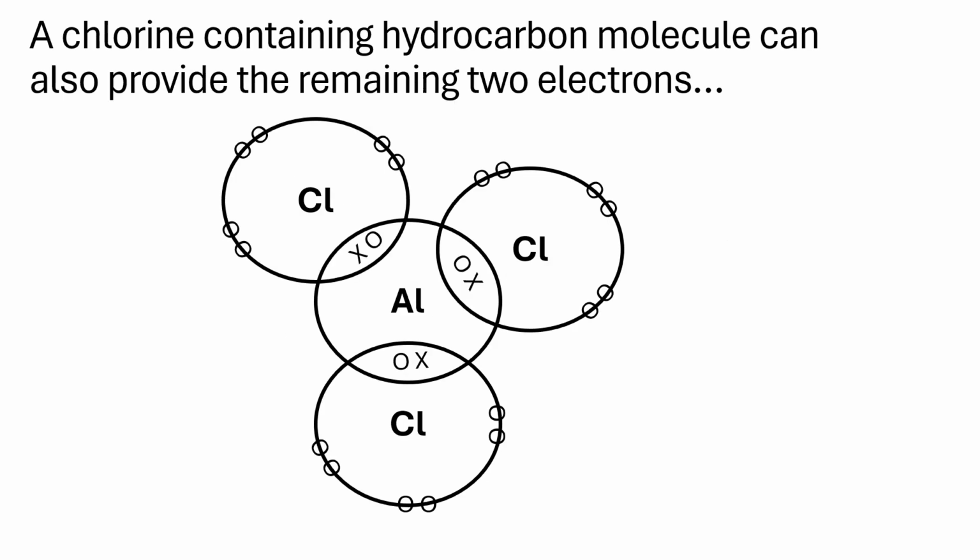So let's have a look at this in terms of Friedel-Crafts alkylation. A chlorine-containing hydrocarbon molecule can also provide the remaining 2 electrons. If we take chloroethane, for example, and we highlight the lone pairs on the chlorine, they can actually also move on to the aluminium, and you can end up breaking the carbon to chlorine bond.